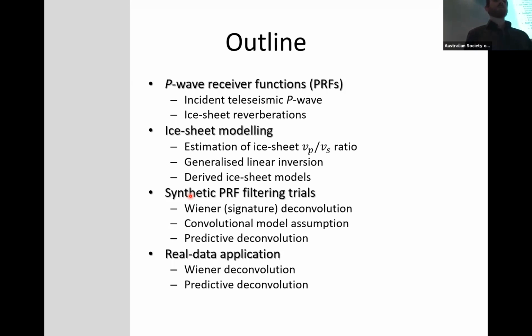The concepts include estimating the velocity ratio and a generalized linear inversion. Derived ice parameters are thickness and body wave velocities. Using the derived ice models, we have trialed 2 deconvolution methods, Wiener and predictive, and tested these with synthetic earth models. The results of the synthetic trials justified the methods to be trialed on real data.